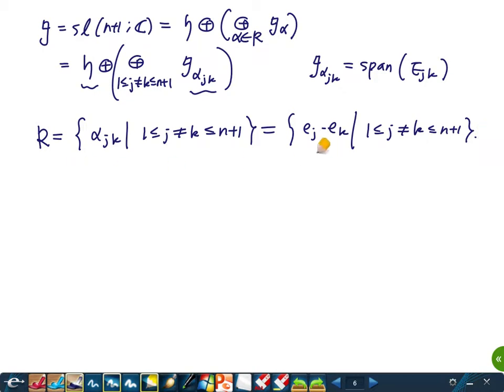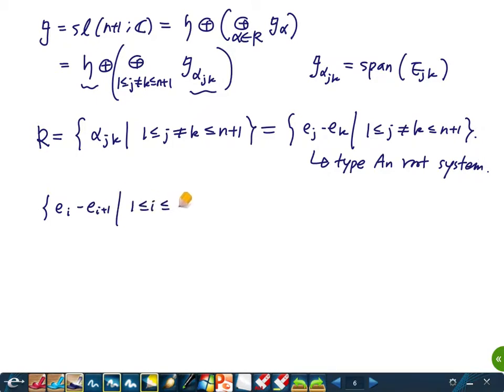And this is called the type A_n root system. So the type A_n root system looks like this.